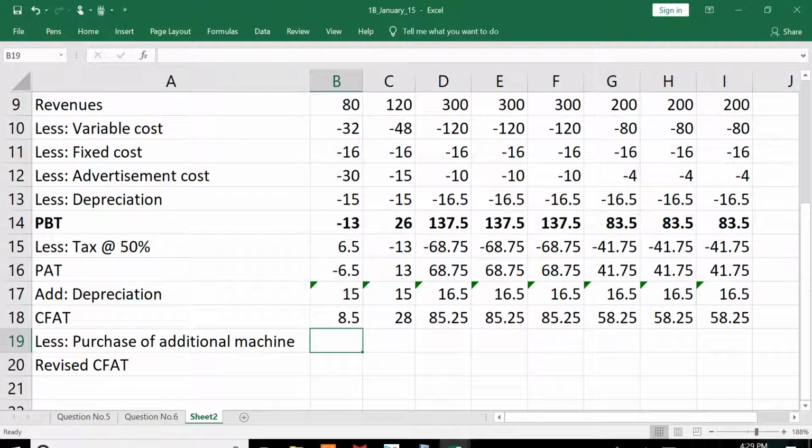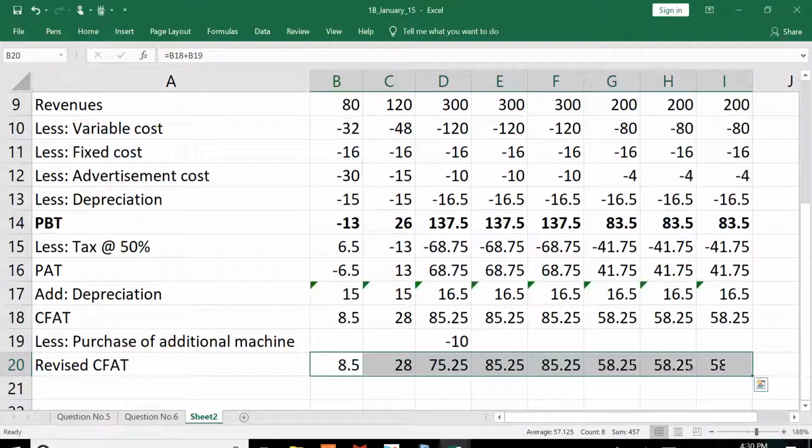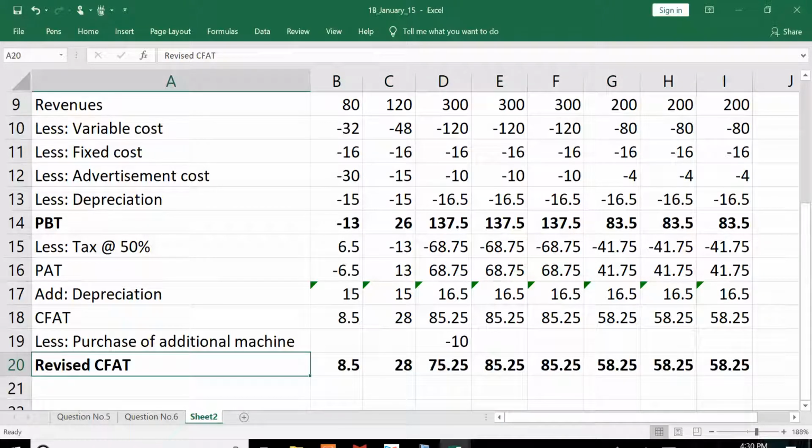Purchase of additional machine, 10 lakhs, and revised to CFAT.